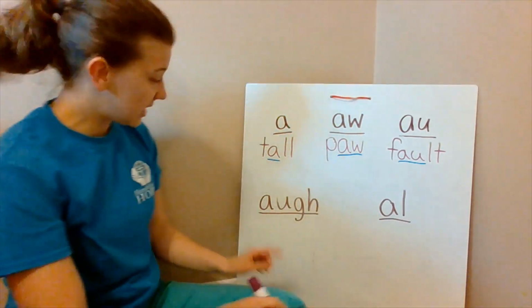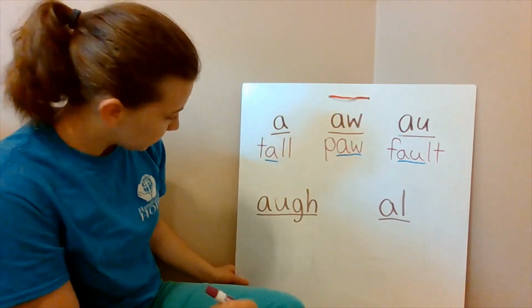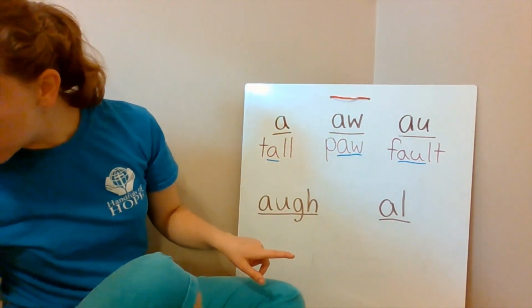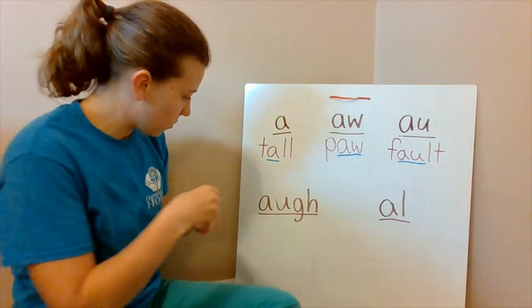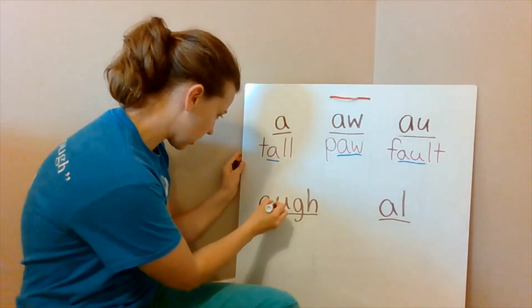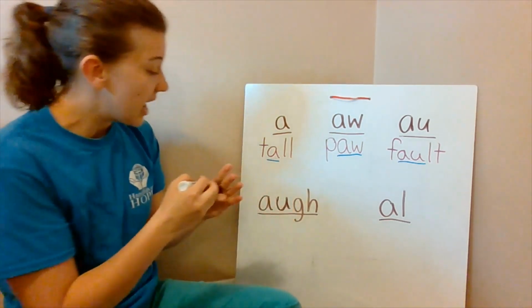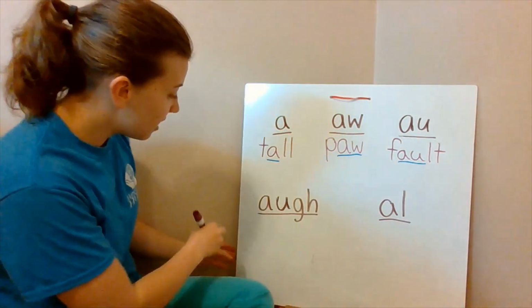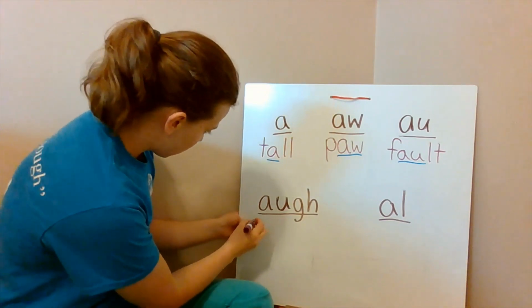All right, let's take a look at this one right here. AUGH. My U got a little bit erased, so let me fix that real quick. There we go. AUGH sometimes says aw, like in this word that I'm about to write.